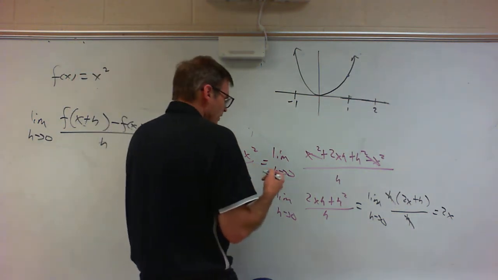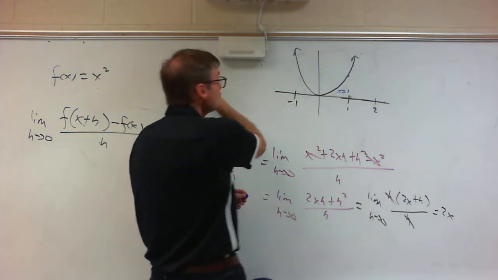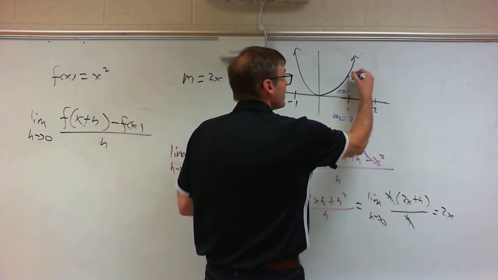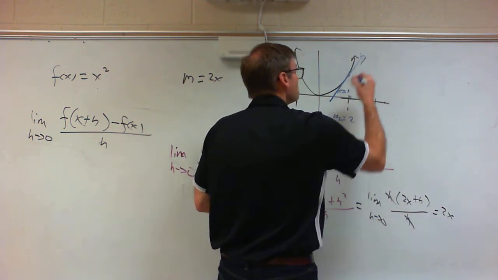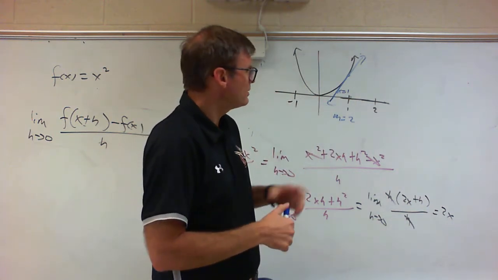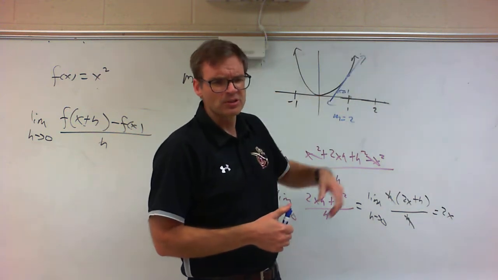So if I'm at x equals 1, this formula says that my slope of the tangent line should equal 2. And if I were to draw my tangent line, I'd think, yeah, that does look like it's got a slope of 2, right? Up 2 over 1, that's about steepness 2.